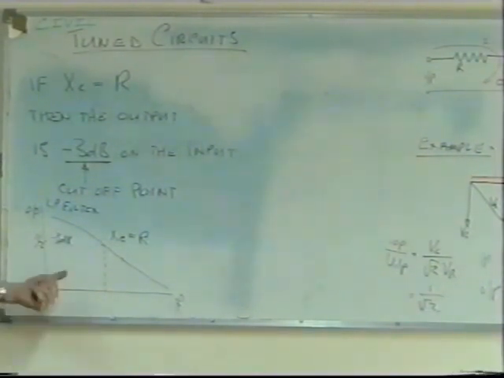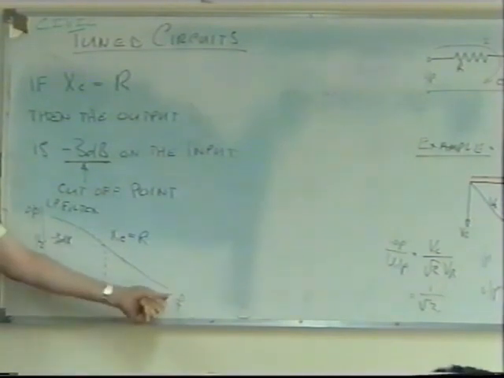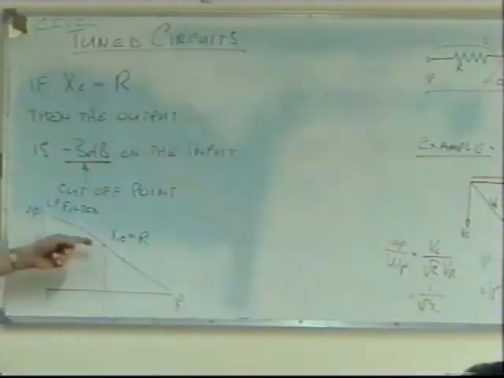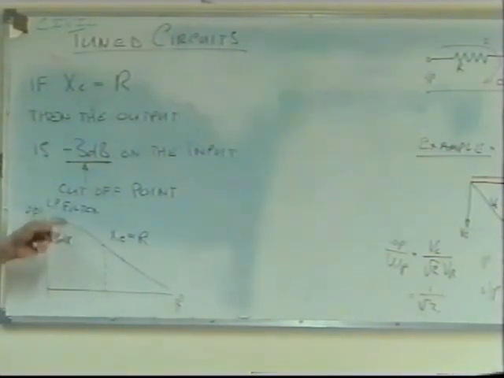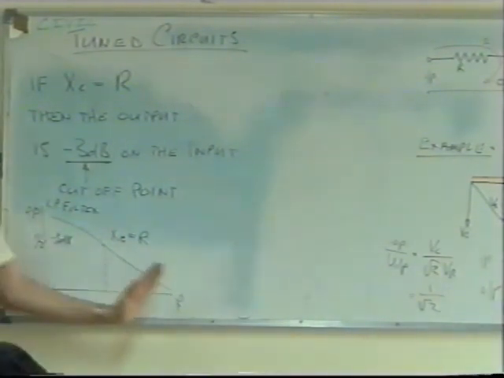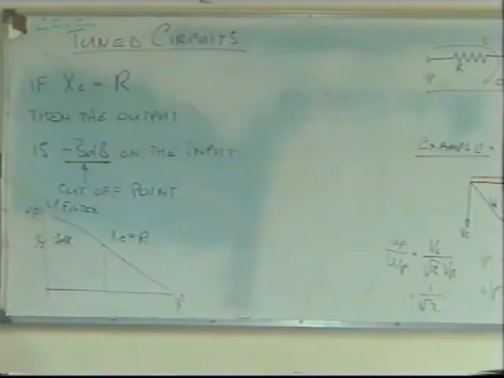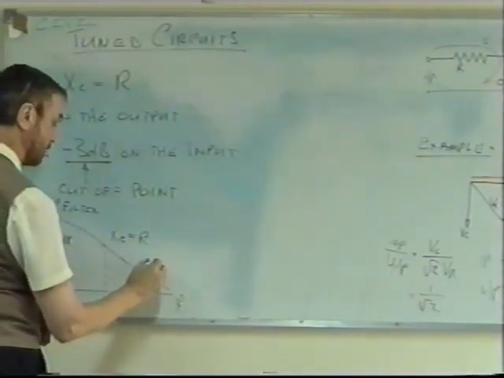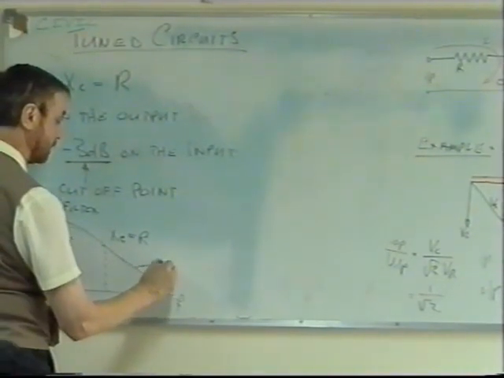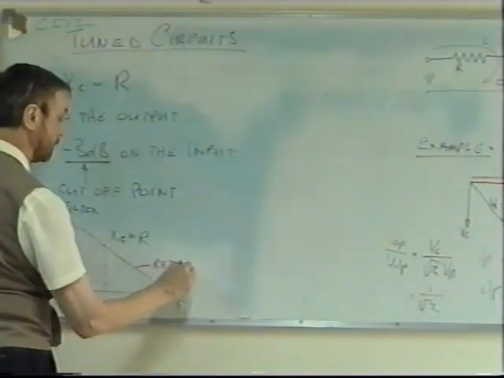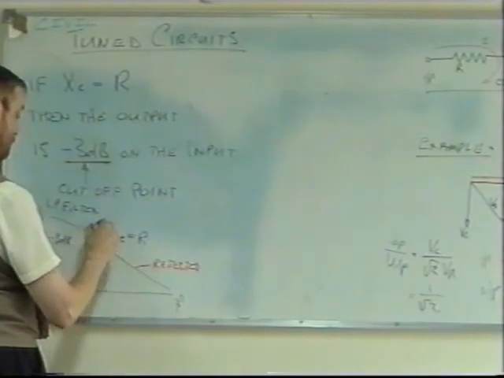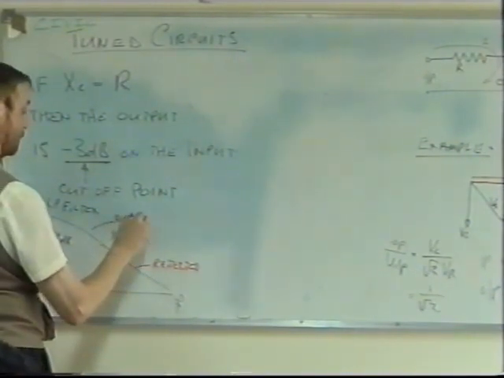These are low frequencies, these are high frequencies. So we get a better output power at lower frequencies and lower output power at higher frequencies. So another way of mentioning this is we say that these have been rejected and this has been accepted.